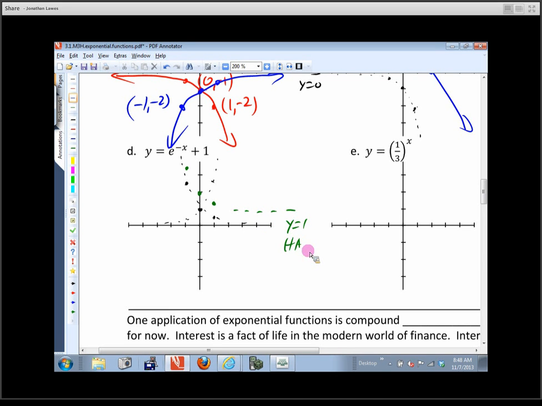So the graph does this. Does it look the same, just bumped up 1 unit? Hopefully. I'd like you to label those 3 points right there. -1, 0, and 1. All we did was move it up.